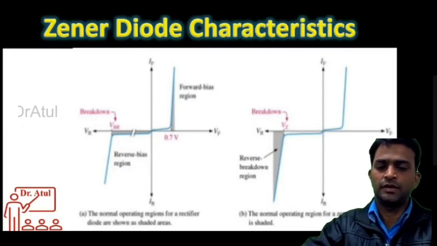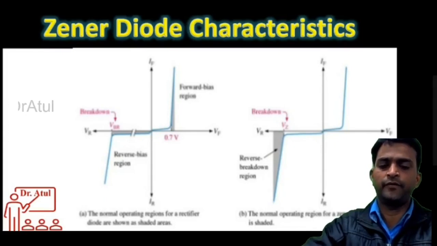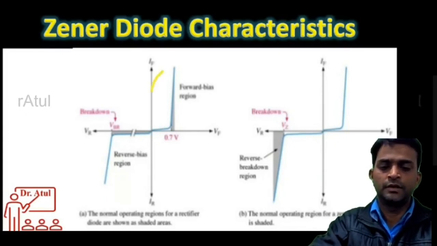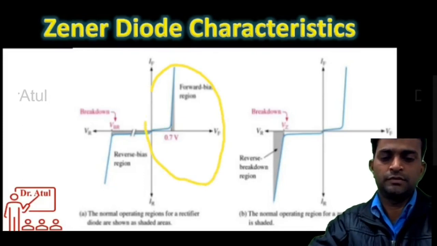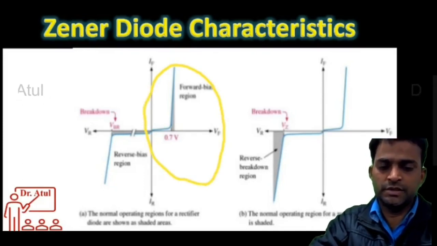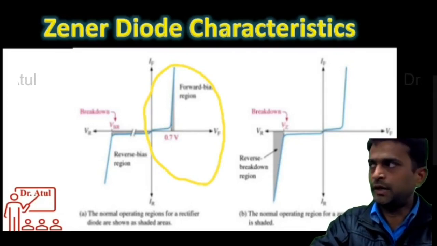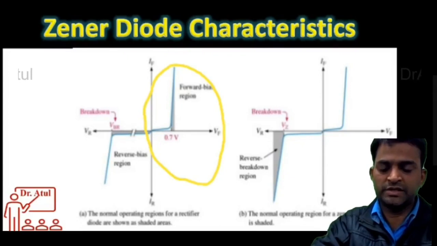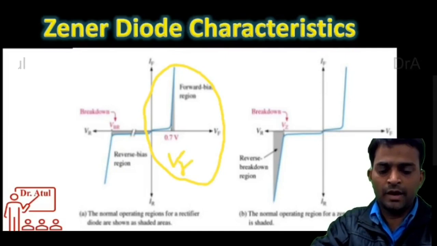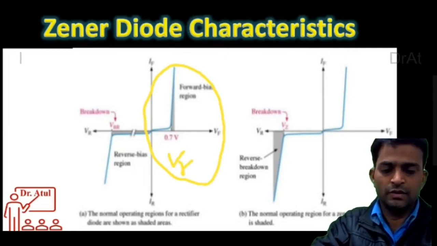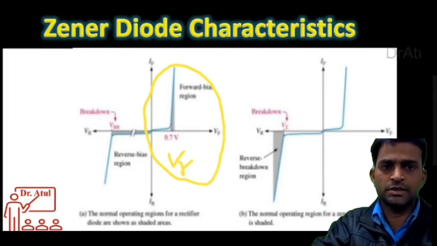So you can see here that this region is similar to the normal diode, and up to a certain voltage, 0.7 volt, the diode is not conducting, and after the cut-in voltage V gamma, the diode starts conducting, and this conduction gives a constant value of voltage, and the current gets increased.